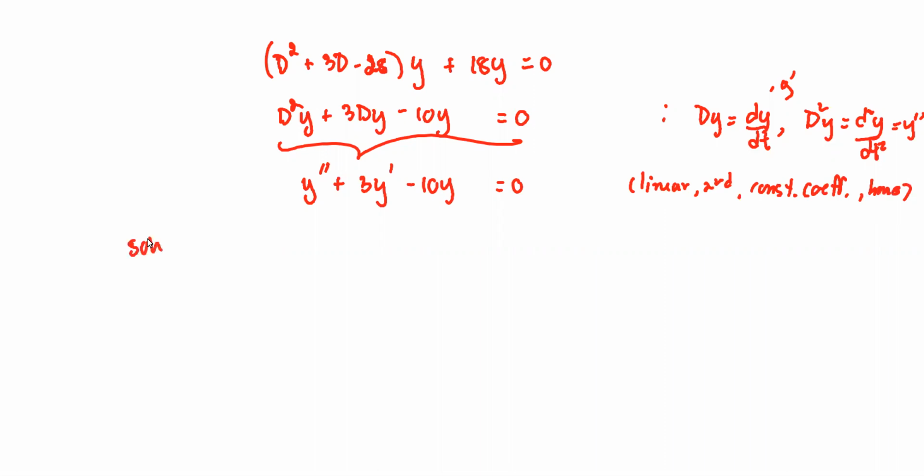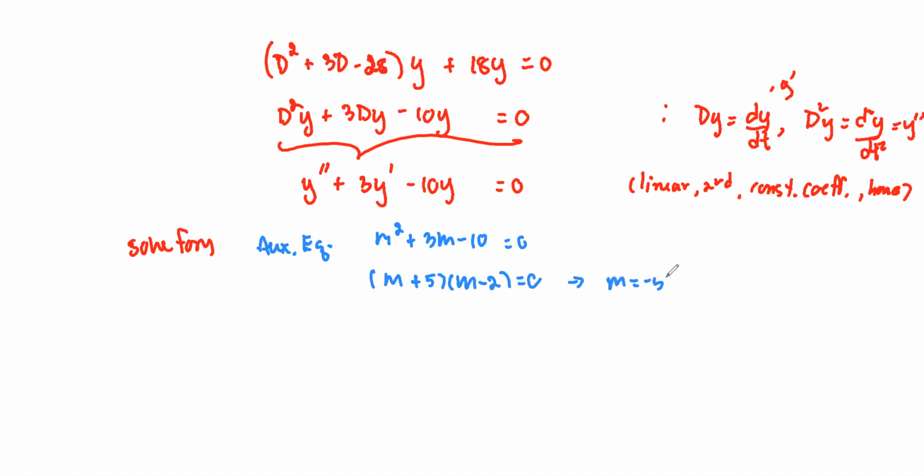To solve for y, we're going to use the auxiliary equation, which is m squared plus 3m minus 10 equals 0. Factor completely to get (m plus 5)(m minus 2) equals 0, so m equals negative 5 or m equals positive 2.